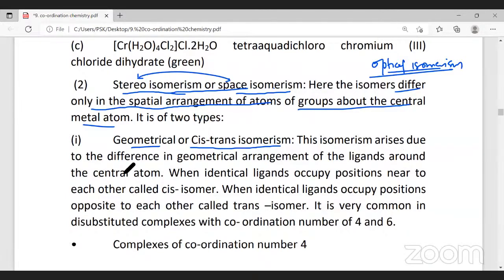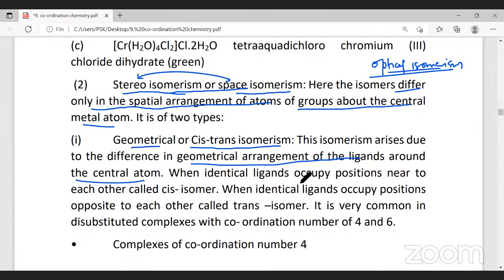This isomerism arises due to the difference in geometrical arrangement of ligands around the central metal atom, the difference in the arrangement of ligands around the central metal atom. We will take an example and understand that.